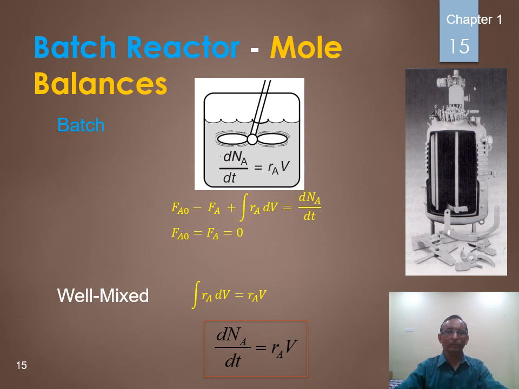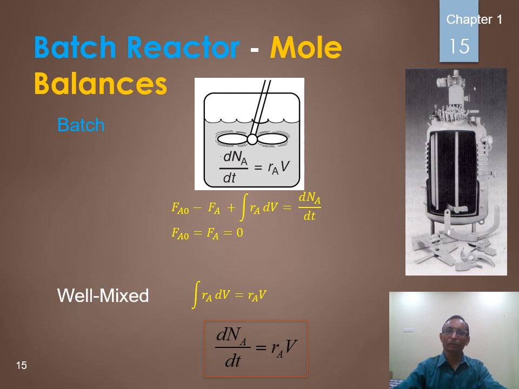Here we are going to assume some parameters. What happens in the batch reactor? Once you dump the quantity inside the reactor, this is the reactor shown here, just a type of autoclave. Once you fix the quantity and enter inside, this is the agitator shown here, and you are going to agitate it.